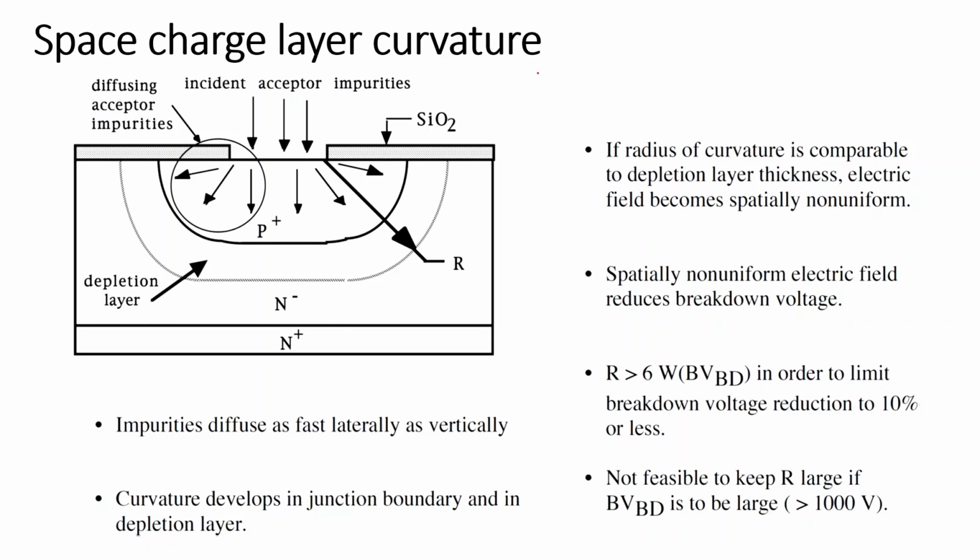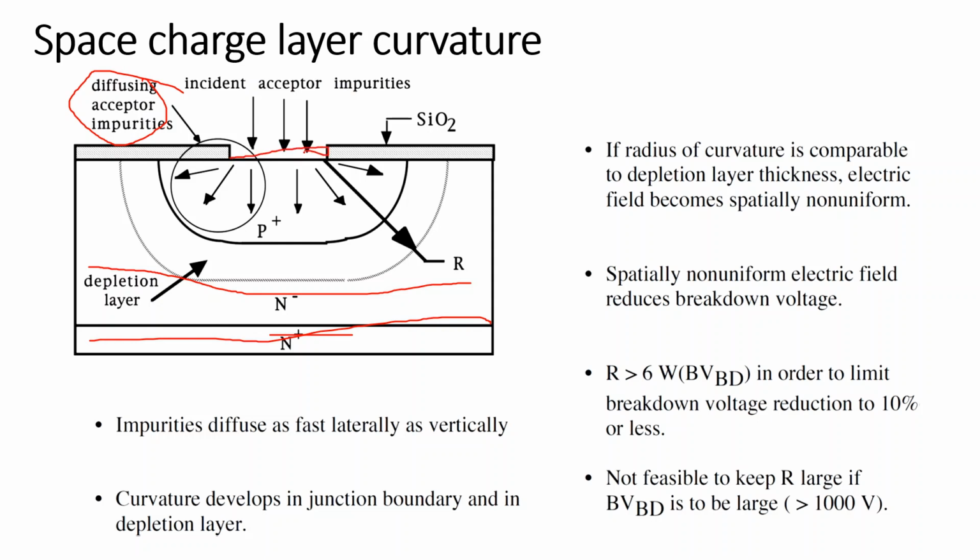Now there is one concept of space charge layer curvature. This is again an important concept regarding the construction of a power diode. What happens is that first this n plus region is created, and then over it this n minus region is created, and then over it we diffuse acceptor impurities.